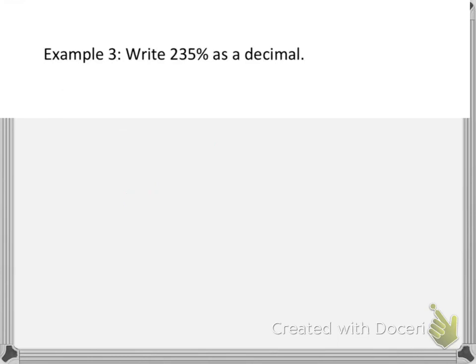All right, one more example, 235%. So we have 235. So right now my decimal point is sitting right here. I move it over 2 units. So 235% is 2.35.